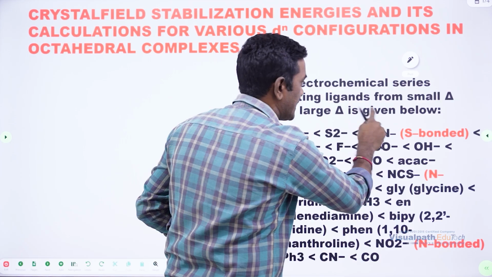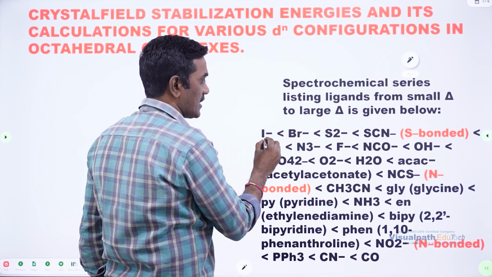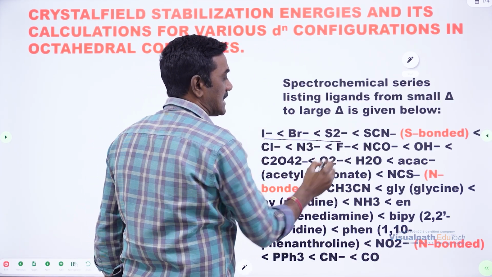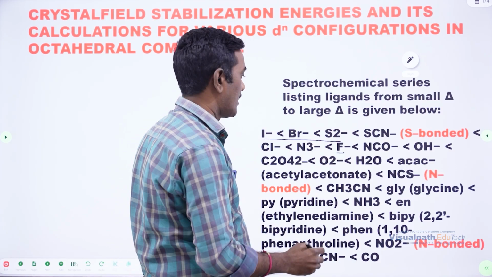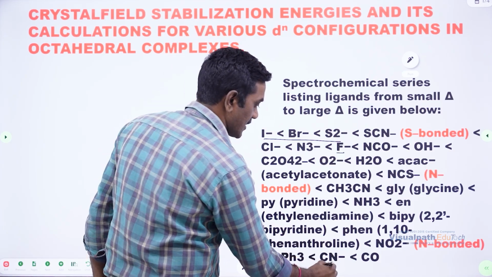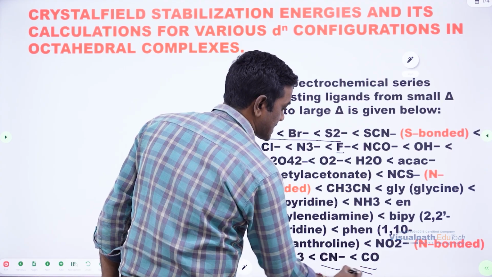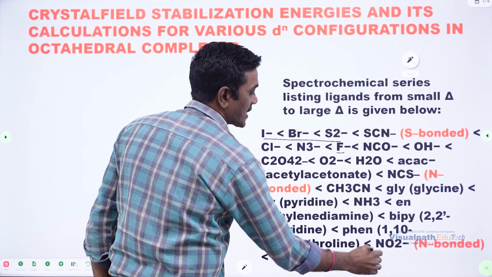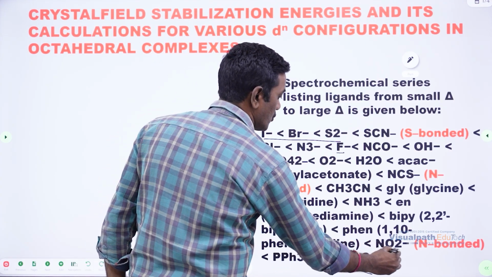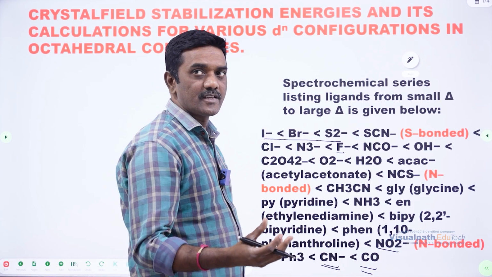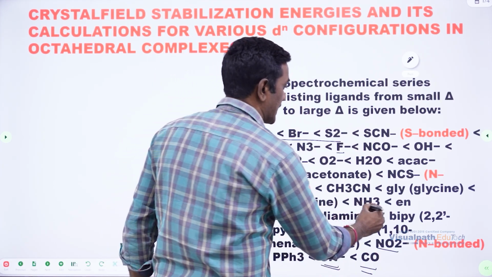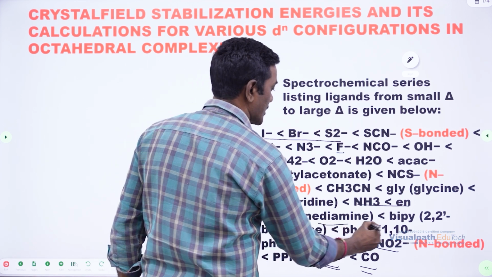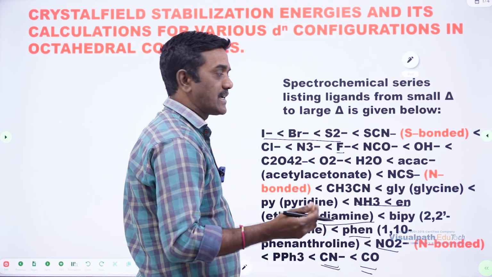If you observe this series clearly, halogens come under weak ligands. Ligands attached through carbon, or NO2, come under strong field ligands, and ligands attached through nitrogen, like amines, come under moderate ligands.